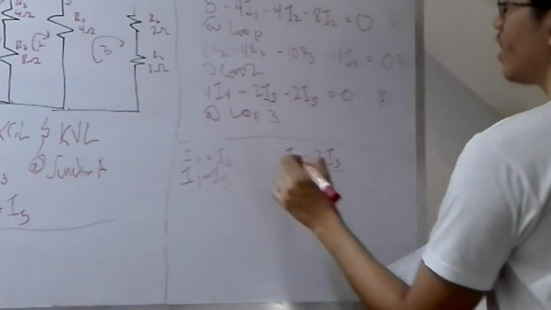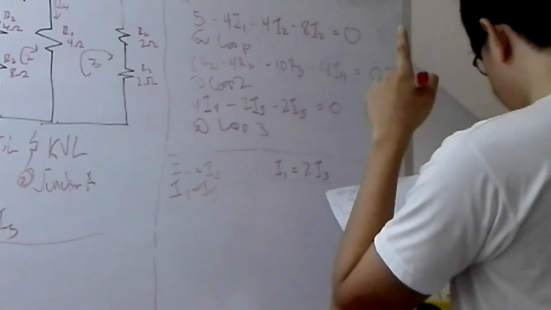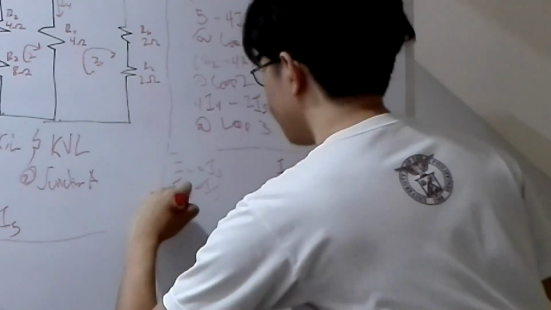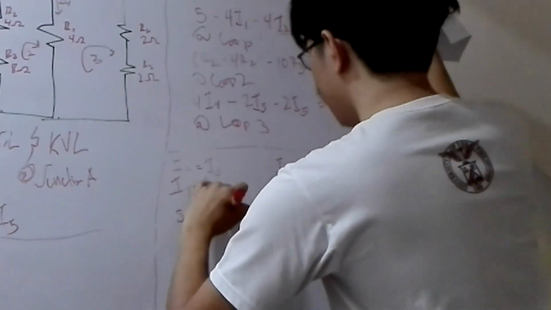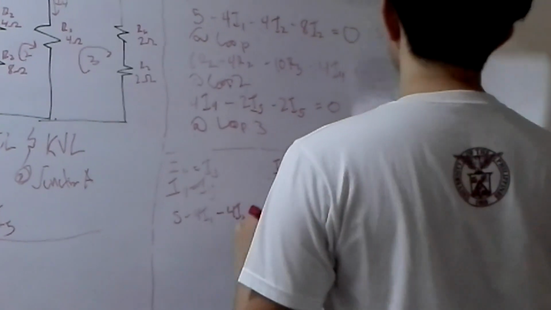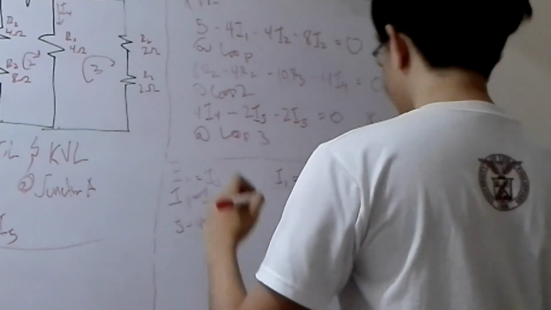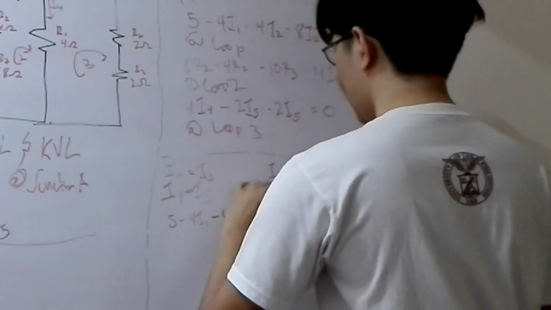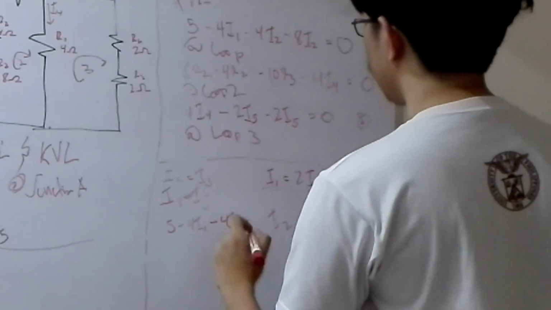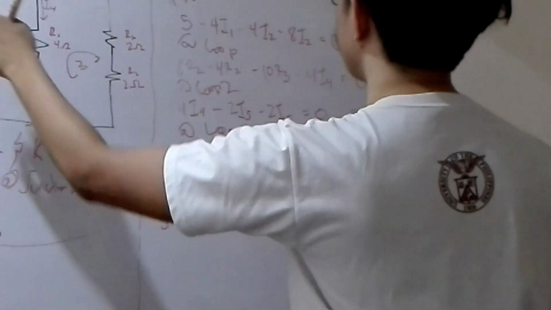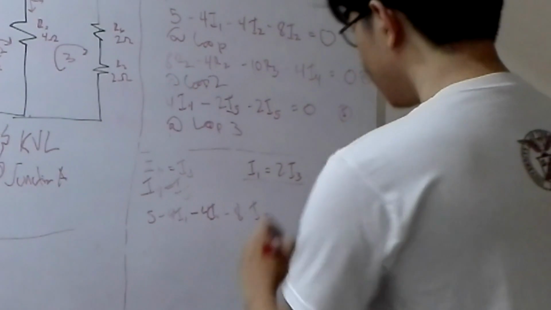So let's substitute this into equation number 3, which is 5 minus 4I1 minus 4I2 plus 8I2, sorry, 8I3, is equal to 0.